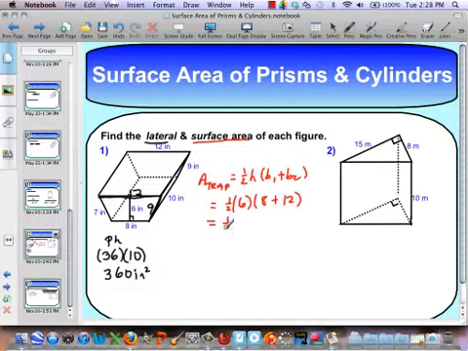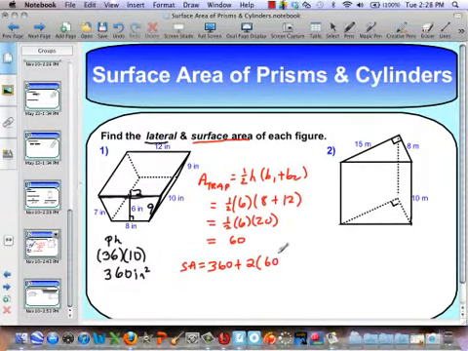So we have half of 6 times 20, which should be 60. Then my total surface area is the lateral area, 360, plus twice the area of my base. So 360 plus 120 is 480 square inches.